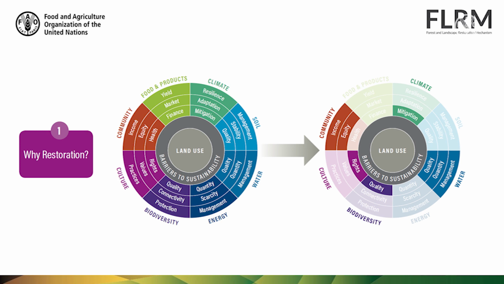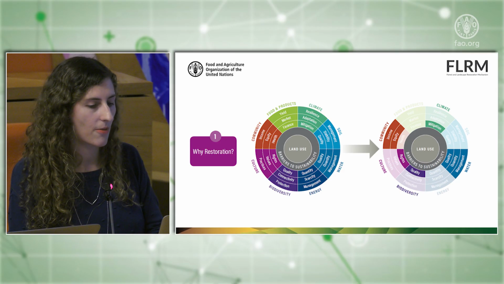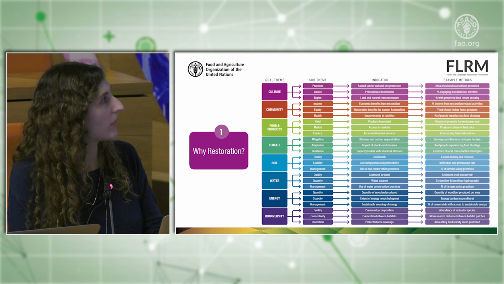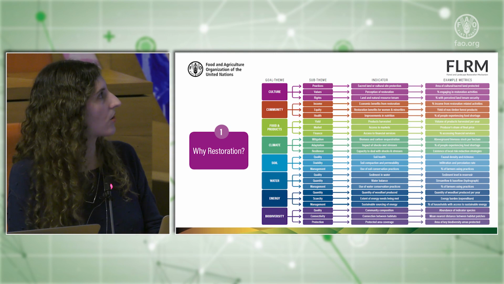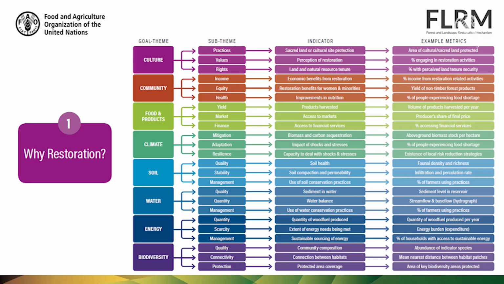Once we have selected the sub-themes, we would have a list of indicators to measure those themes and also specific metrics that we can use to measure them. This is only one example of the menu of indicators. This would have been filtered depending on the sub-themes that are relevant to our project.